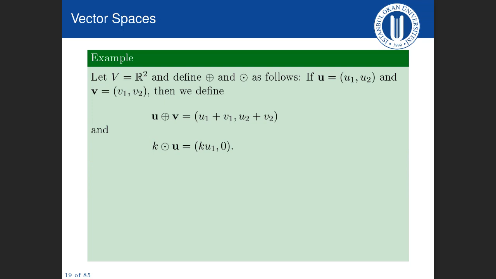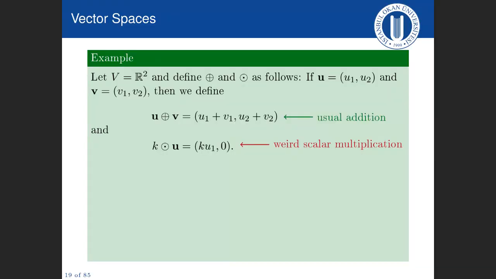So for example, let V be the set R2, and I'm going to define vector addition and scalar multiplication as follows. For U plus V, I'm just going to do U1 plus V1, comma U2 plus V2. And for K multiplied by U, I'm going to do KU1, comma 0.